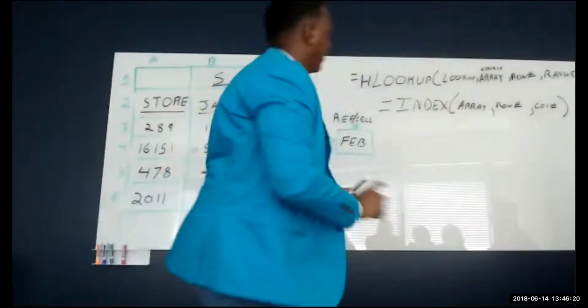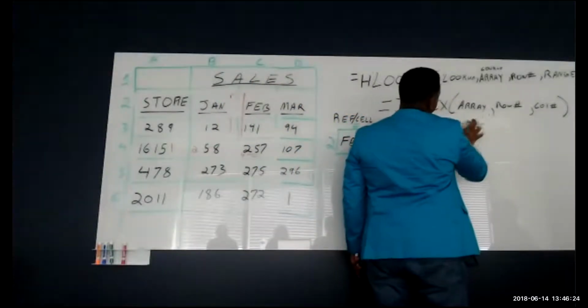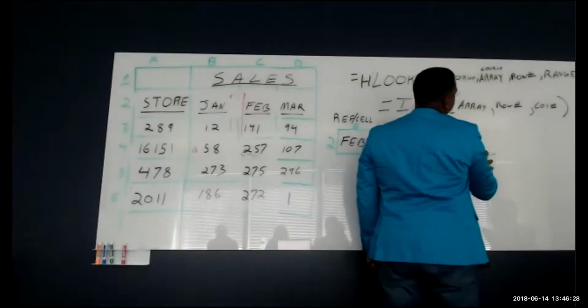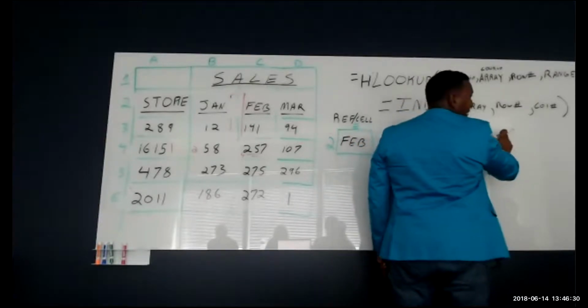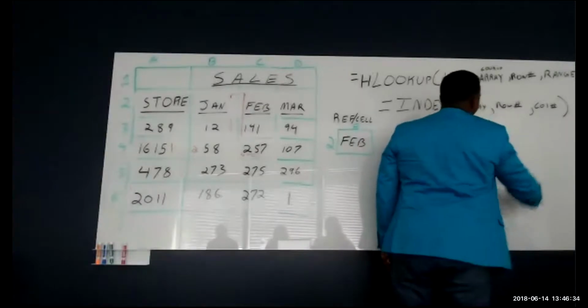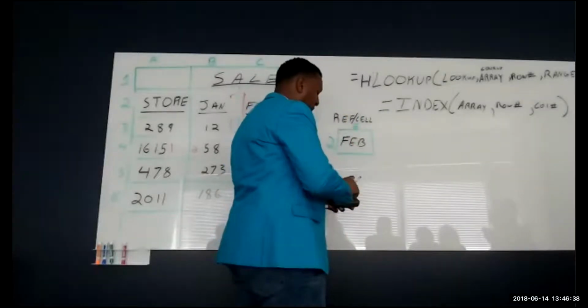So the array is saying, hey, go give me back, let's just call it February. That's 3 rows down and 2 columns down or whatever, right? So how do we accomplish that? Using the match formula.